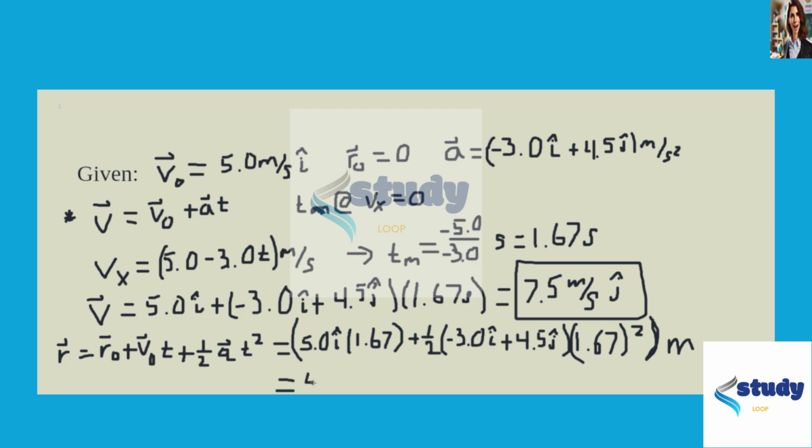So you find that this has a value of 4.2 in the i hat direction plus 6.3 in the j hat direction, and of course the units of this is meters. Let's go ahead and box that in as our solution to the second part.